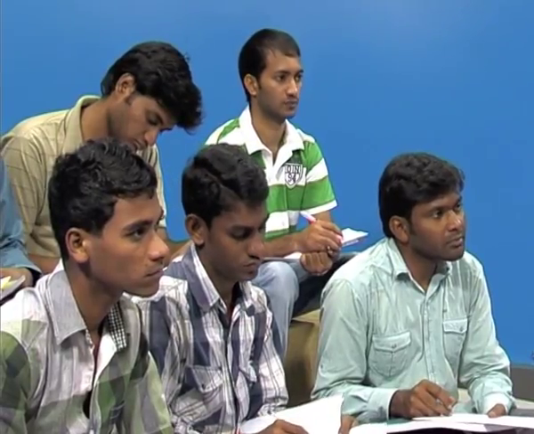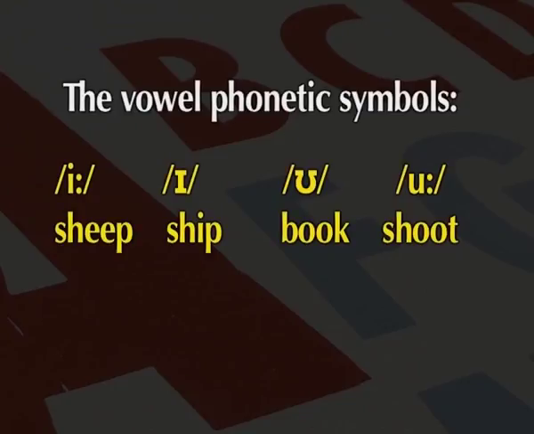The vowel phonetic symbols e, I, u, oo are pronounced as in sheep, ship, book, shoot.